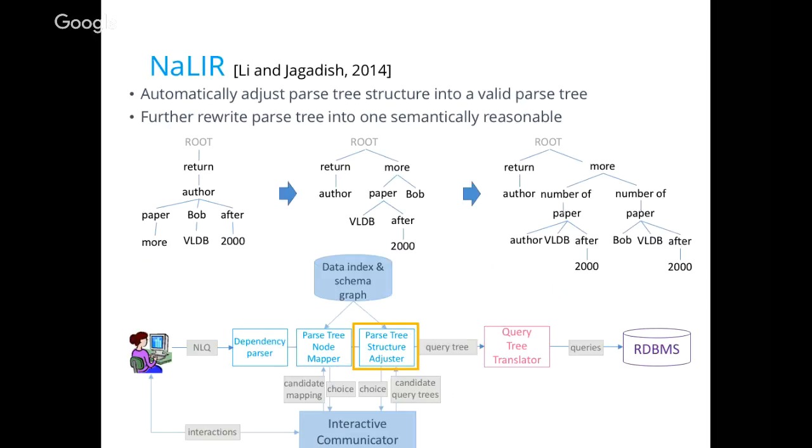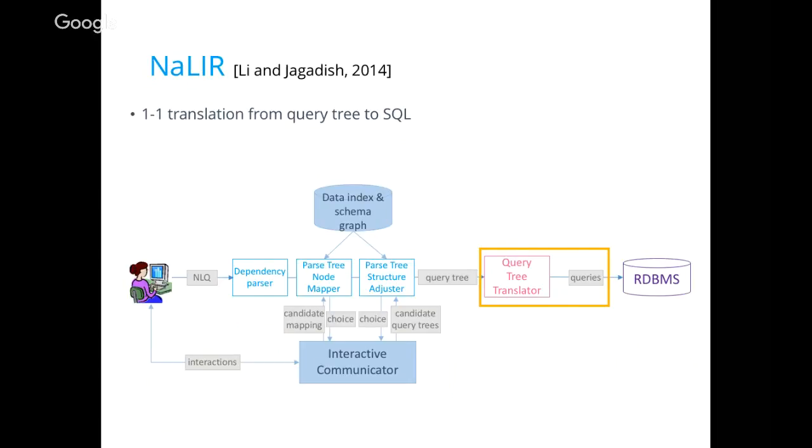In some sense, you can view this as similar to what we described before in Nanix, where we have domain knowledge, and given a query, we rewrite it into a more interpretable tree. Here, it's just done internally. And the translation from the query tree to SQL is one-to-one, unlike imprecise, because the interpretation itself already includes the join. So it's going to be a one-to-one mapping.